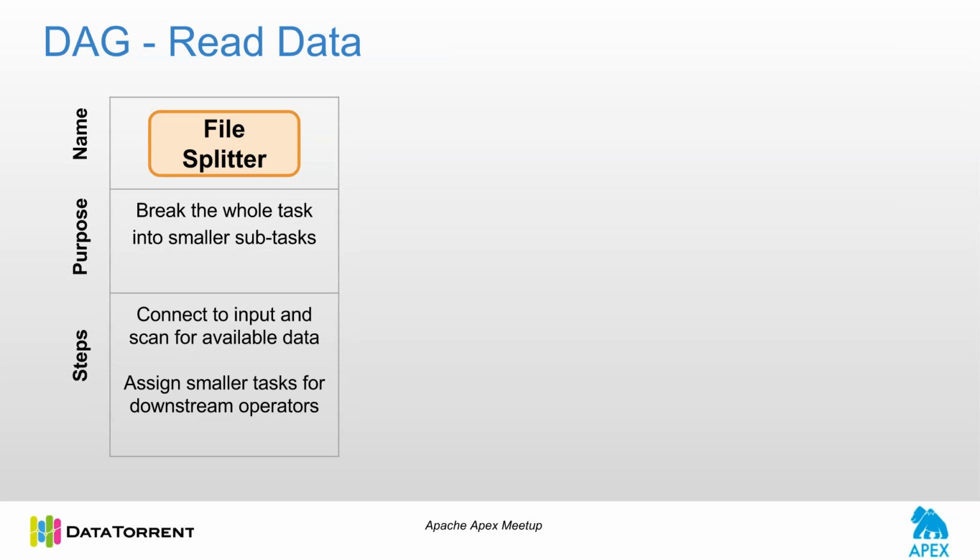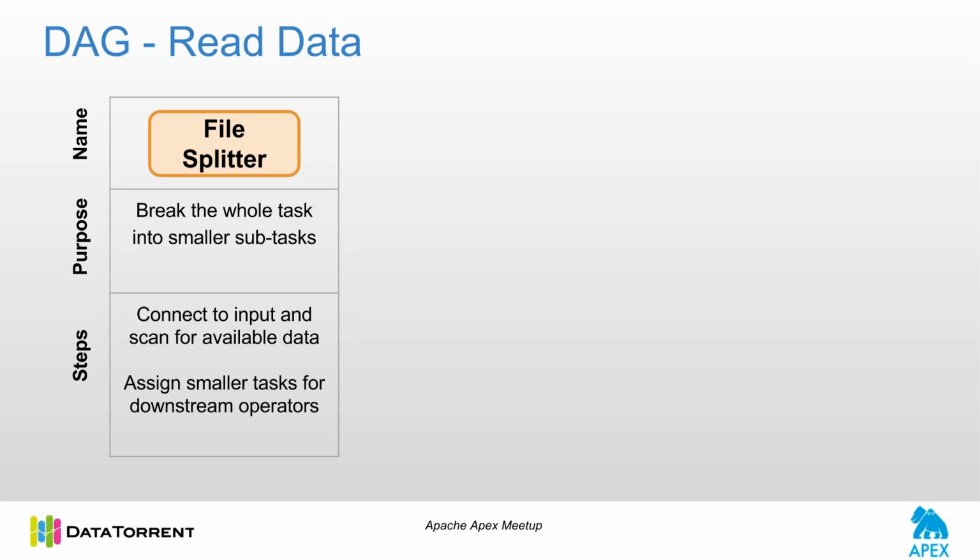In this context, our first task is basically the file splitter. The purpose is to break the whole task into smaller subtasks. Let's say you are scanning the input directory, and there are lots of files and multiple directories inside. How do you tell the next person, or the next operator, as we call it here, to do smaller tasks at a time?